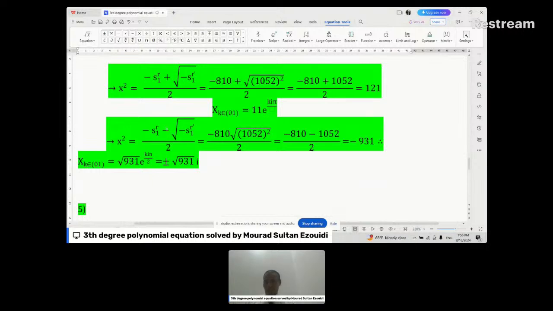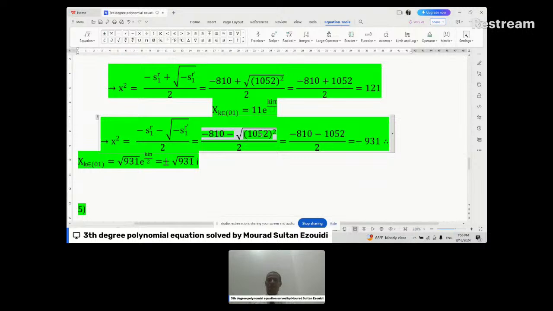Now the second root is here minus, because this is positive. If it is in minus, make it positive. So it will be negative S1 of order R minus root of minus S1 of order R dash divided by 2. This is minus, Mr. Mourad. Okay, thank you. So it will be minus 810 minus k root of 10,052. It will be written as that.